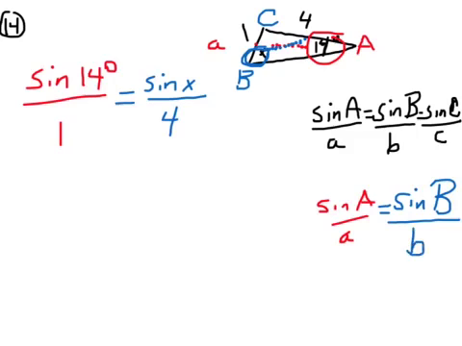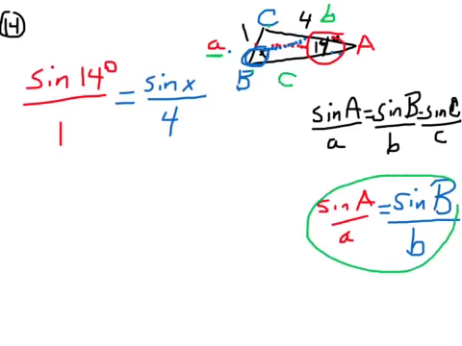Okay. So what I just did is I put sine A over the little side A, and I put sine B over the little side B. And again, to make that a little more obvious, I labeled this A there. The side across from B, I could have called it B. The side across from C, I could have called it C, and really used the formula formally.